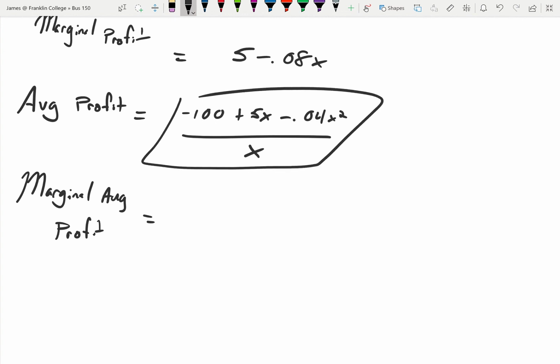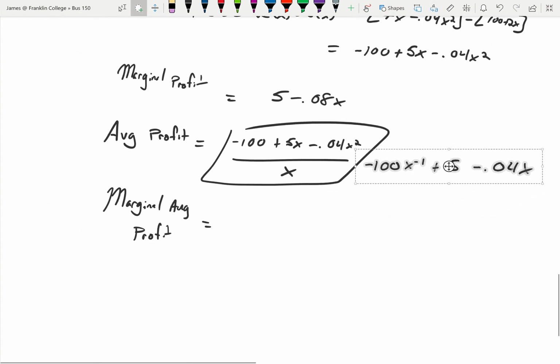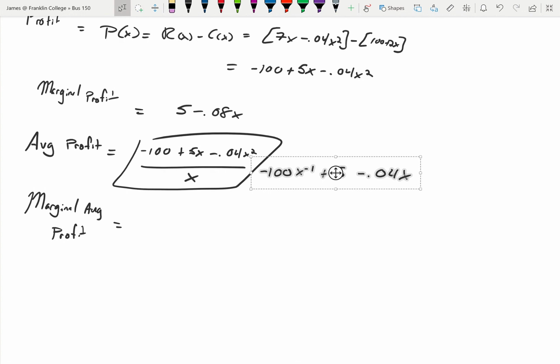So let's rewrite this guy in a way that we can easily apply our derivative rule. And we're going to get minus 100x to the minus 1 plus 5 minus 0.04x. This, what we have just solved, is equal to our average profit function.